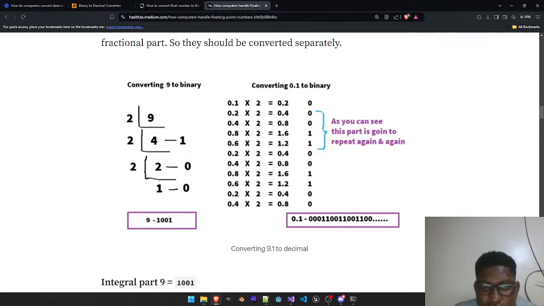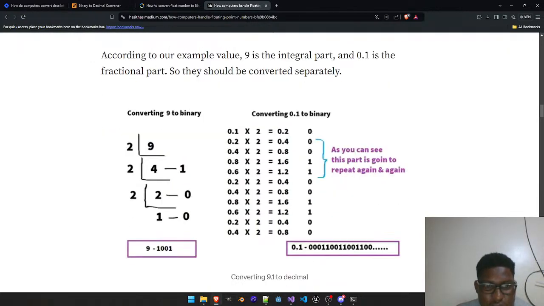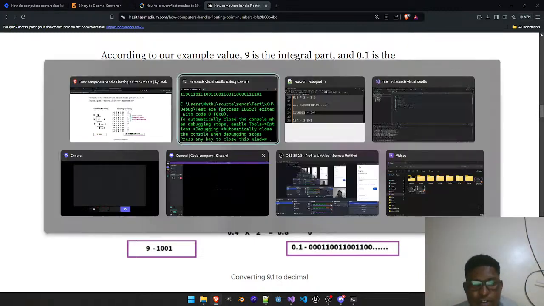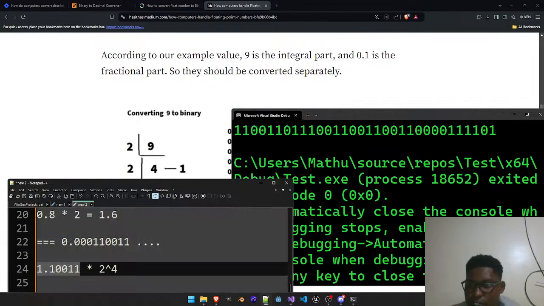Yes, I can see it properly. So we're actually using our example. For this, they have 9.1. Converting 9, I don't think that's a big hassle for us. Then converting 0.1, they have the same value we got here.